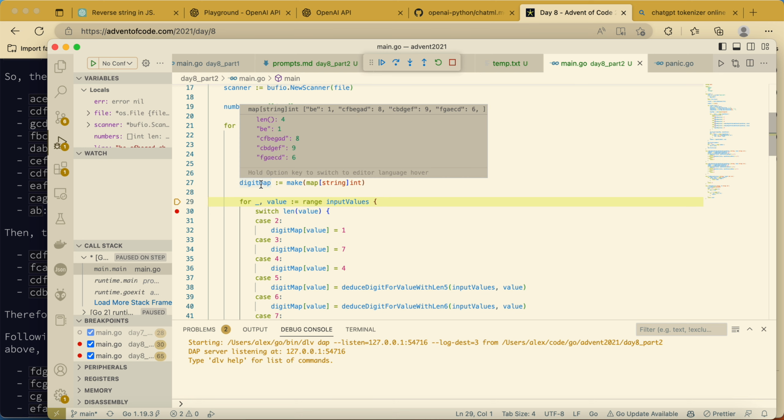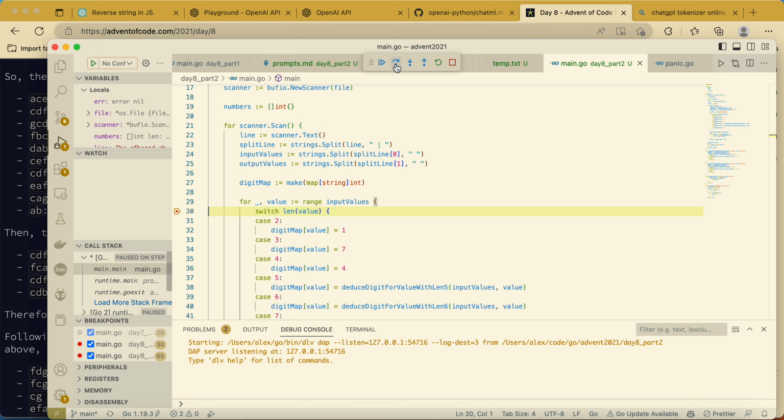Now we have this one like a 6, and we need to decide for 2, 3 and 5. This one fine. And now we have CG, and that should be with length 4.